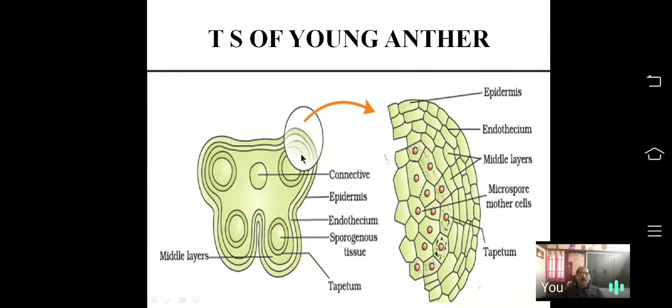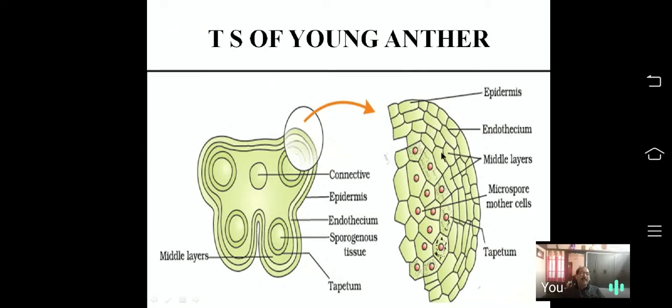The wall of the anther consists of four layers. This is the outermost layer called the epidermis, made up of cylindrical, thin walled, single layered parenchymatous cells. The second layer is called the endothecium.